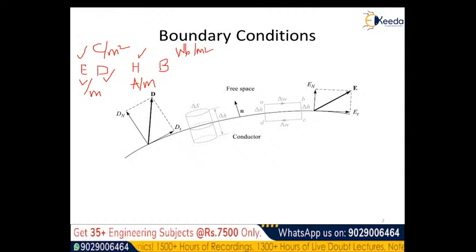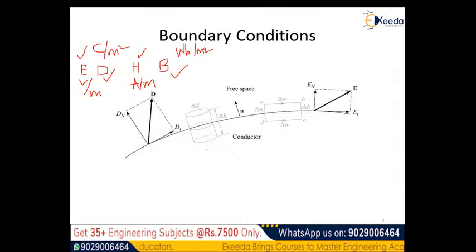Simply, the flux is measured in Weber and flux density is measured in Weber per meter square here. So these are the four most important vector quantities, or parameters, to describe the electromagnetic field behavior. So now, as we have the first type of boundary separating the free space from the conductor.